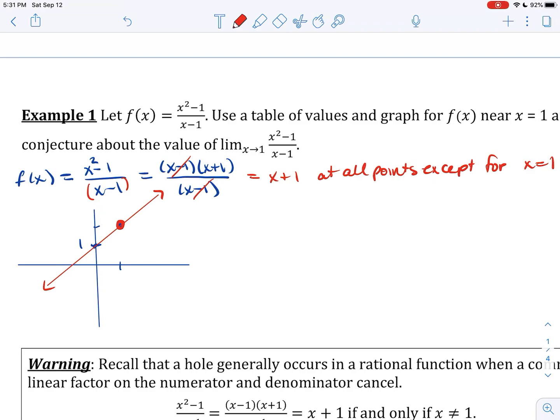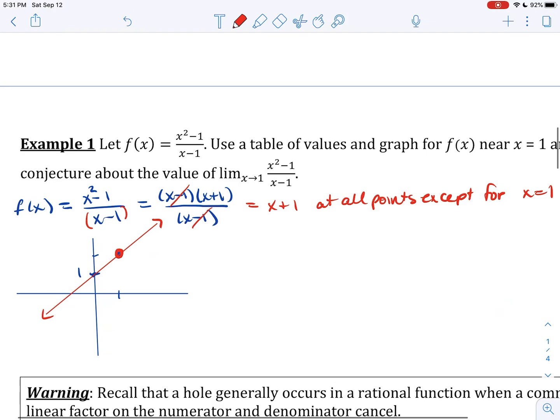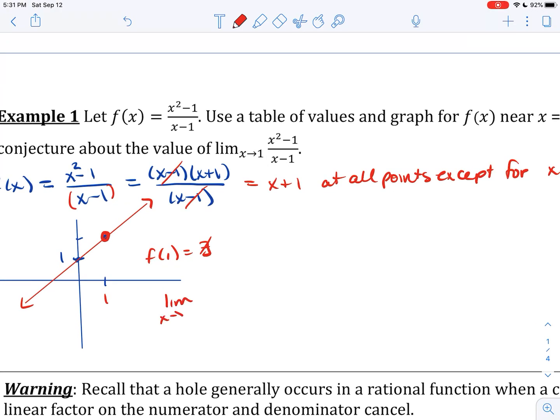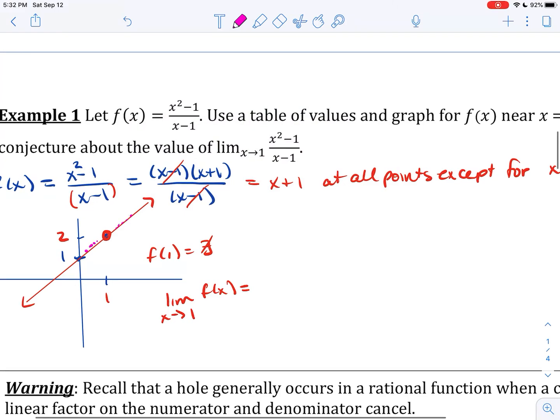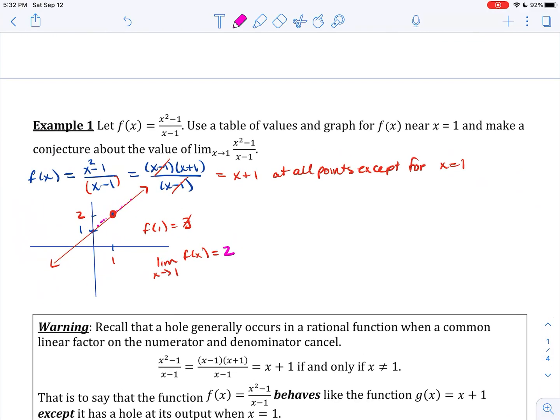So again, just based on what we went over with the graphs above, we can say here that f of 1 does not exist, but the limit as x approaches 1 of f of x, we see here, is 2, because our function values from either side approach 2. Good. All right.